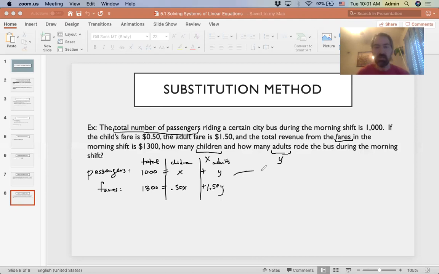We can solve the first equation for Y by subtracting X from both sides.